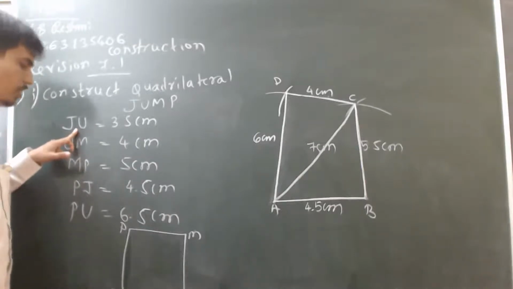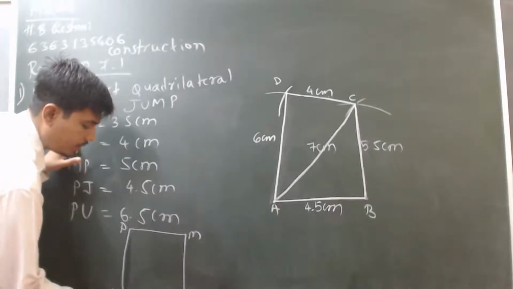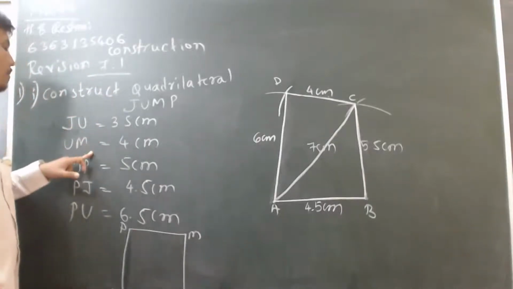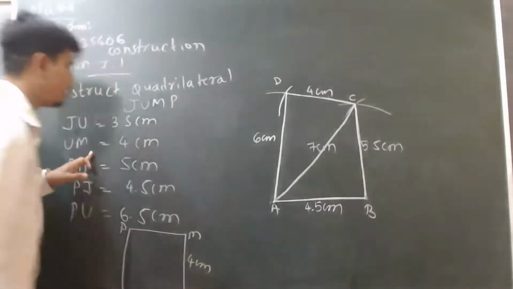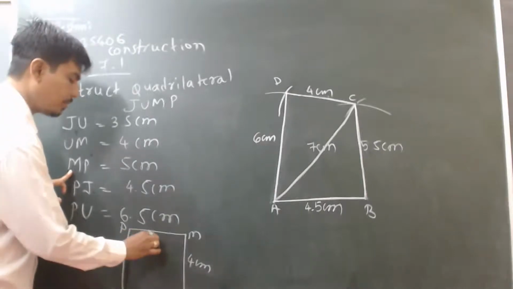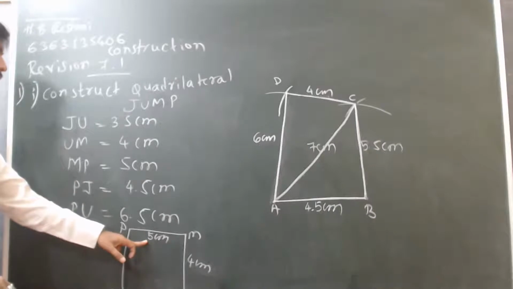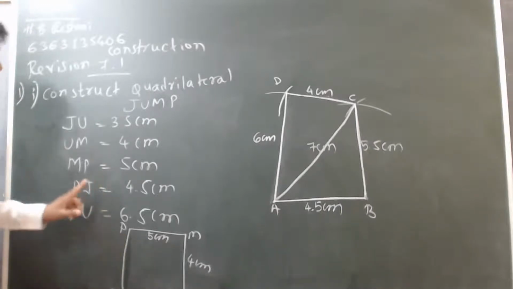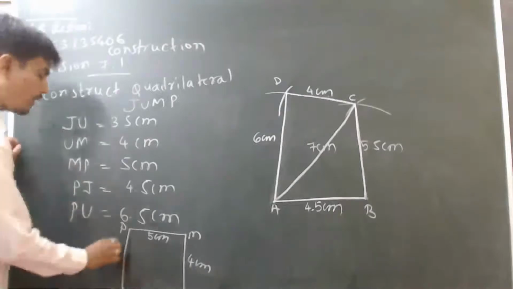JU 3.5 centimeters. And then comes UM, 4 centimeter. Then we have MP 5 centimeter. You can write it above or below, but below will be comfortable. Then comes PJ, 4.5 centimeter.